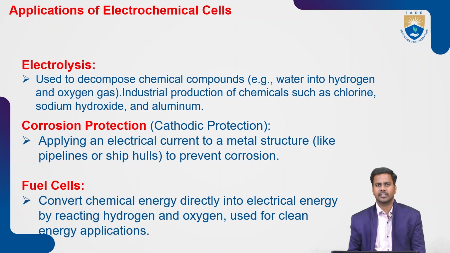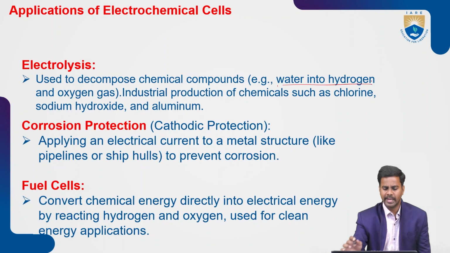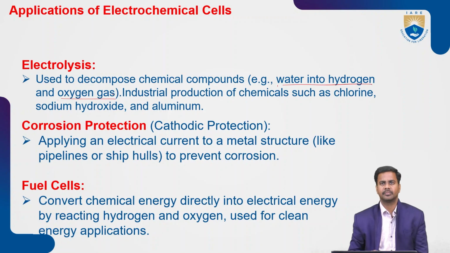Next, electrolysis. In electrolysis also we use different types of electrochemical cells. Usually in the electrolysis process, electrochemical cells are used to decompose chemical compounds, for example water into hydrogen and oxygen gas.